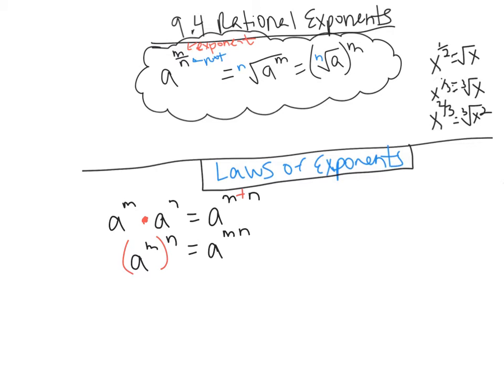Well, what if we have two numbers multiplied, and then on the outside raised to another exponent? Here I can just distribute that exponent to each base. So this would be a to the m times b to the m.